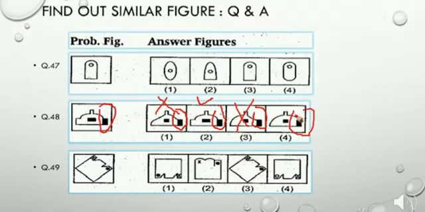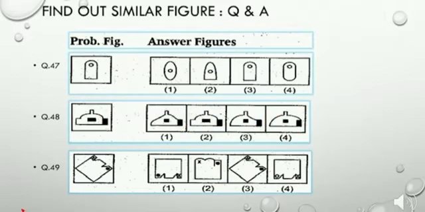This portion is not the same because here the curved line should touch at this end of the rectangle, whereas in option 4 it is touching on the other end, another corner of the rectangle, so can't be the answer. Option 2 is the correct answer for question number 48.